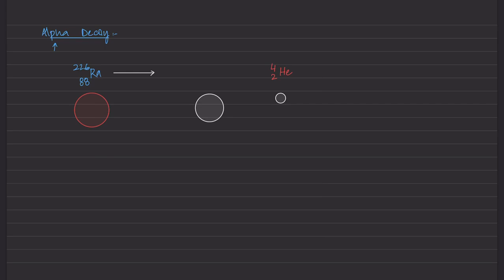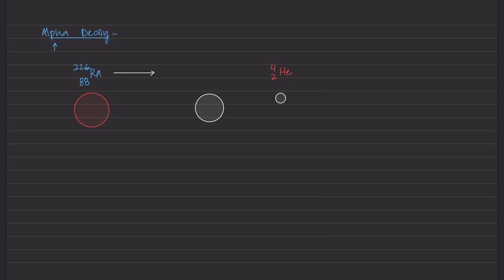Whenever there's alpha decay taking place, there is a decrease in the nucleon number by 4. How many protons leave? It kicks out 2 protons and 2 neutrons.